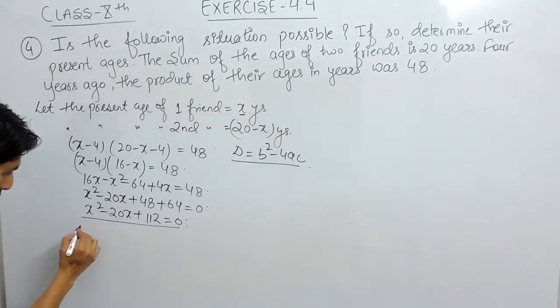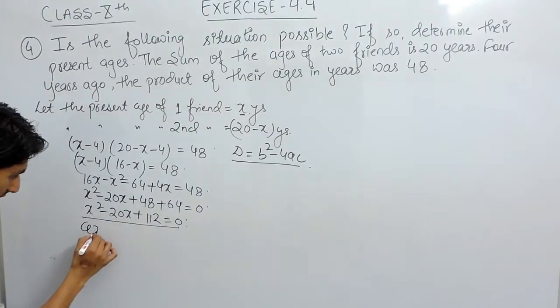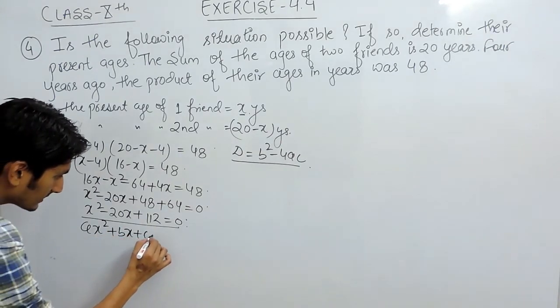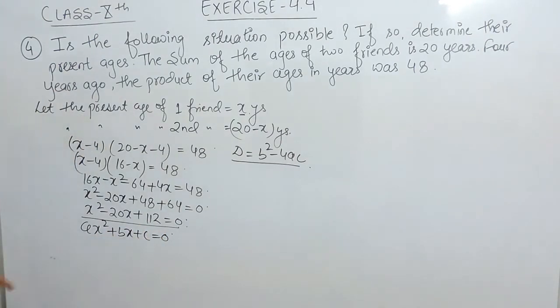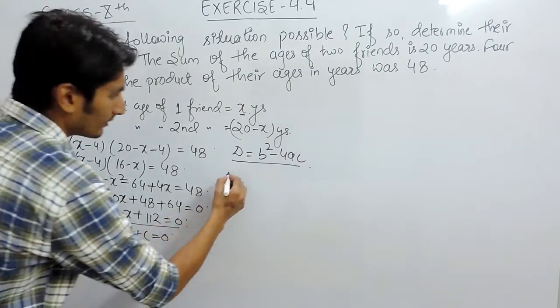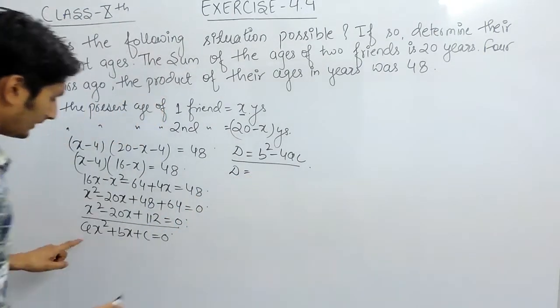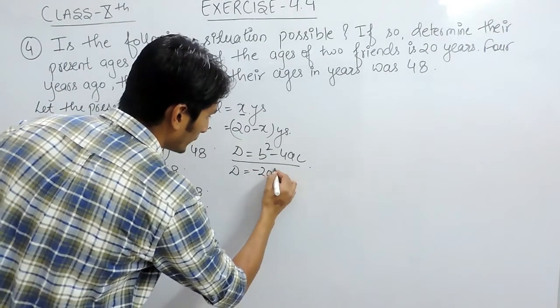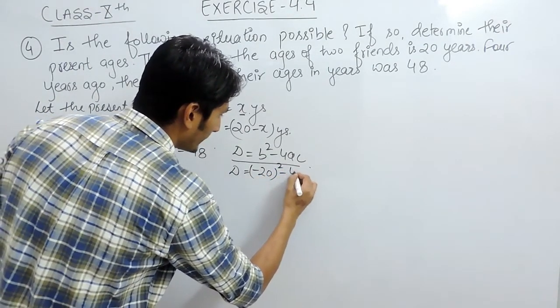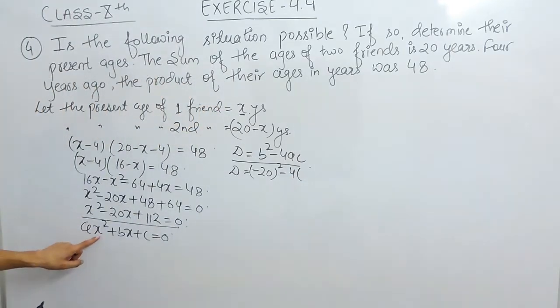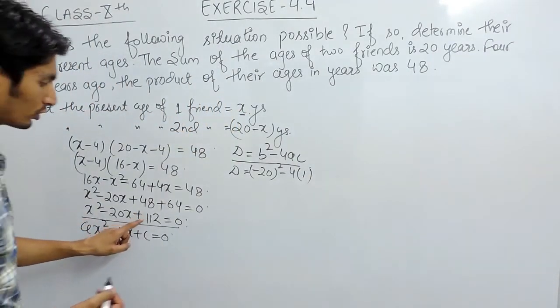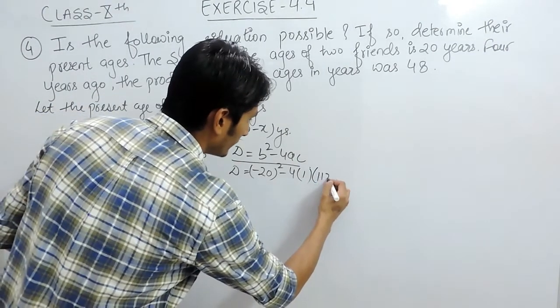For that you have to compare this equation with the standard form, which is ax square plus bx plus c equals to 0. In this case our value of D should be, b is the coefficient of x, which is minus 20. So this will be minus 20 whole square minus 4 into a, the coefficient of x square, which in this case is 1, into c, which is the constant term, which is 112.